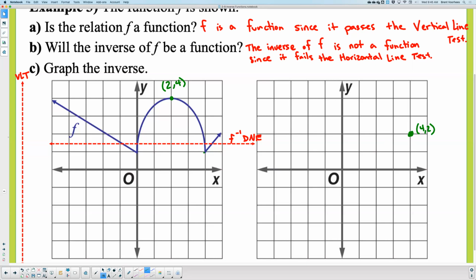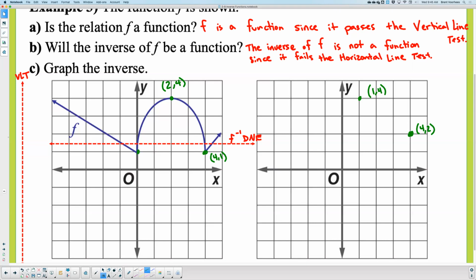Okay, now what about this point here? The function has a point at 4, 1. So where would the inverse relation have a point? 1, 4. Okay.